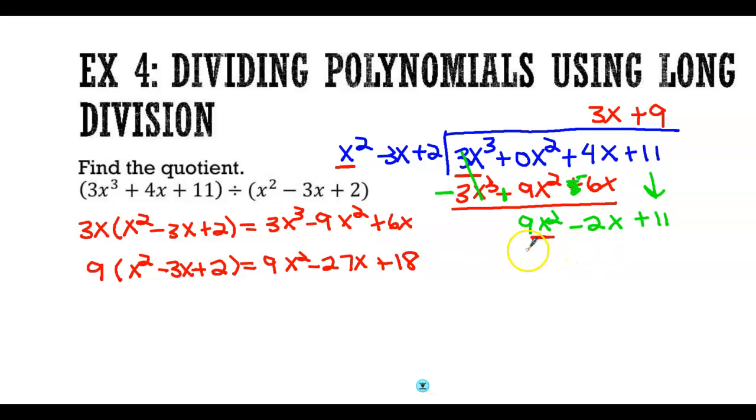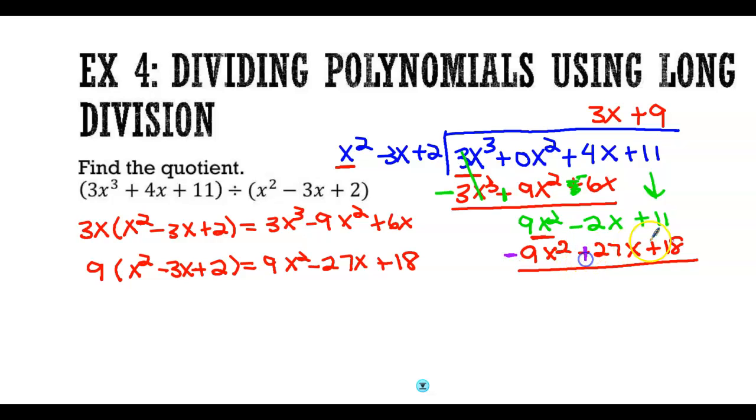So I'm going to go ahead and copy that down. 9x squared minus 27x plus 18. But I need to, of course, subtract. So when I subtract, let's go ahead and change my signs.